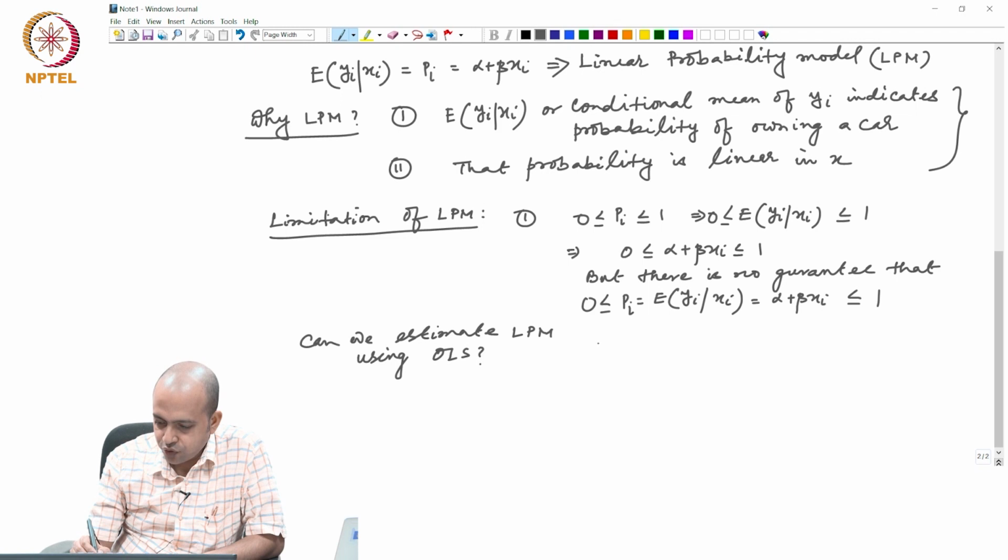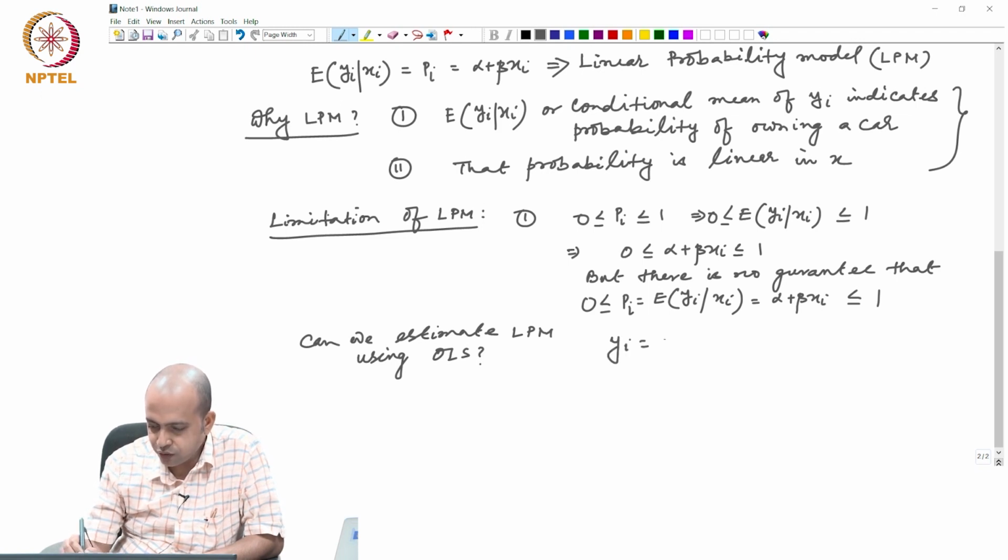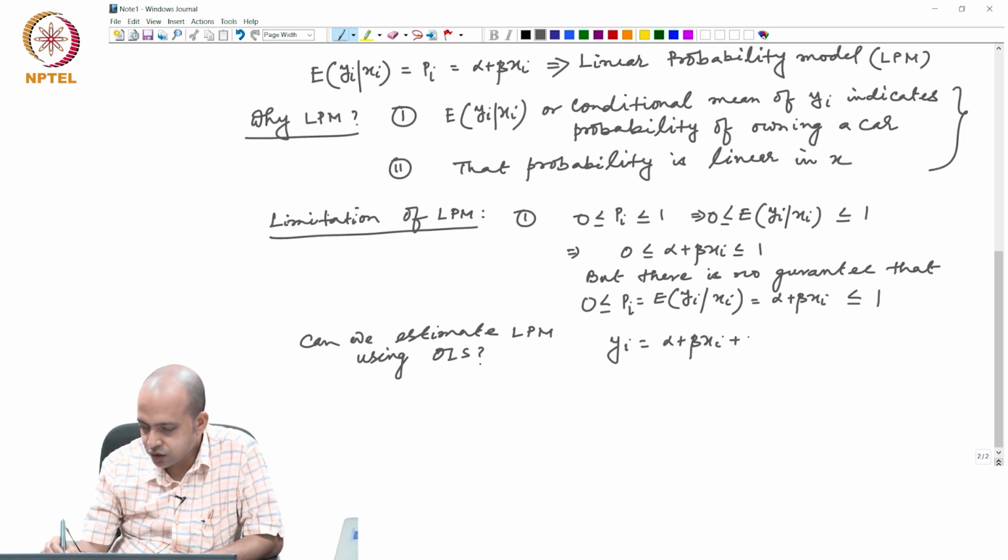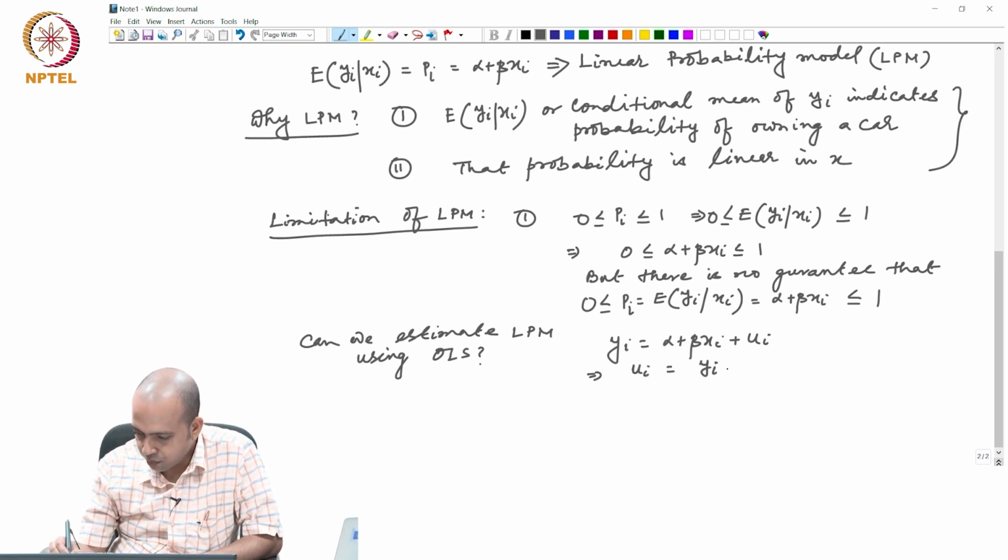The model you are estimating is yi equals alpha plus beta xi plus ui, and y will take only 1 and 0. So from here we can say that ui equals yi minus alpha minus beta xi.